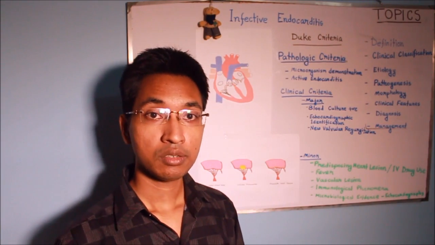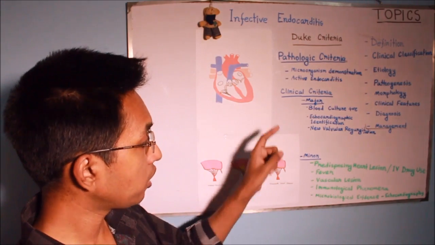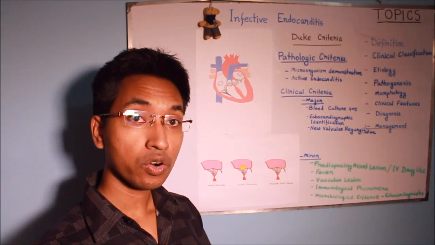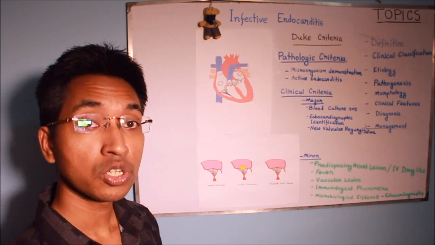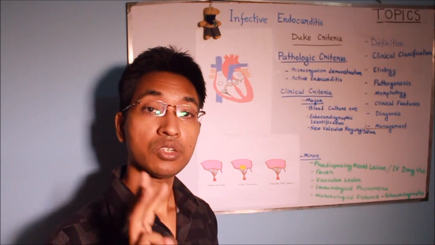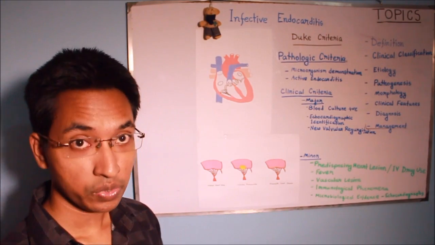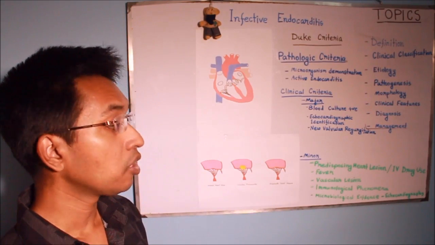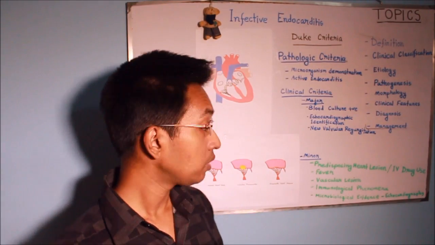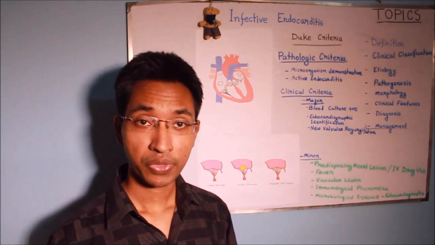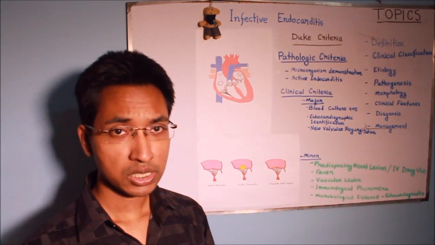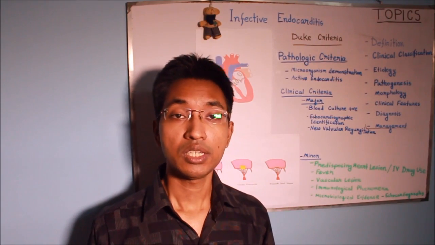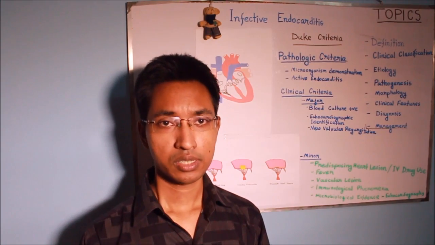And the combination may include 2 major clinical criteria, or the combination may include 1 major plus 3 minor clinical criteria, or the combination may include 5 minor clinical criteria. So whenever these combinations are fulfilled, that is the time when we will consider the diagnosis as definite.